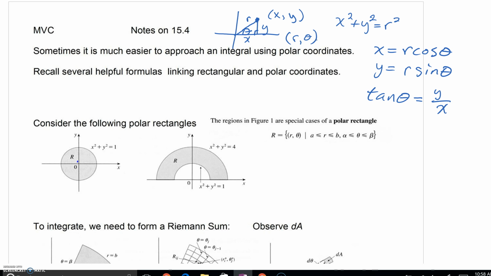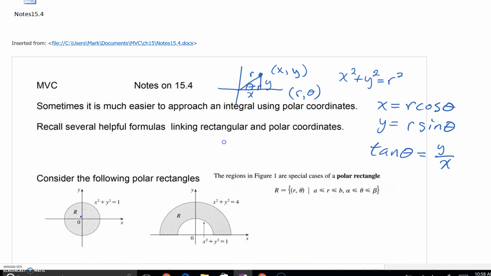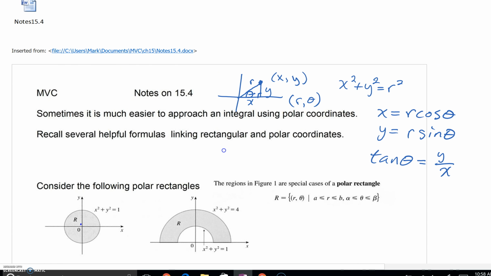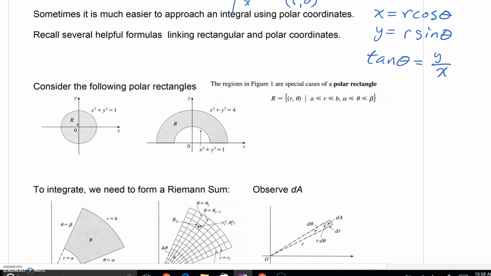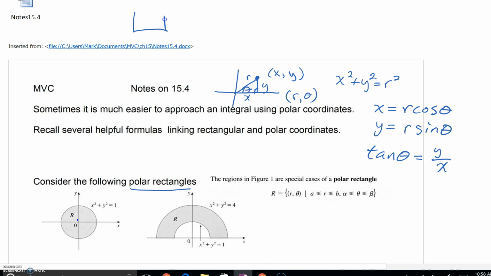What we've been dealing with so far in working out our integrals is very familiar curves that really didn't deal with circles so much. I want to begin to get into a polar rectangle. A polar rectangle can look way different than the rectangles that we're used to seeing.